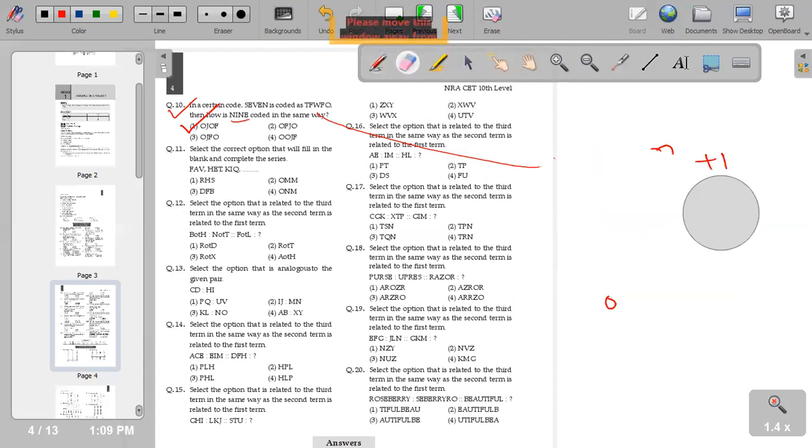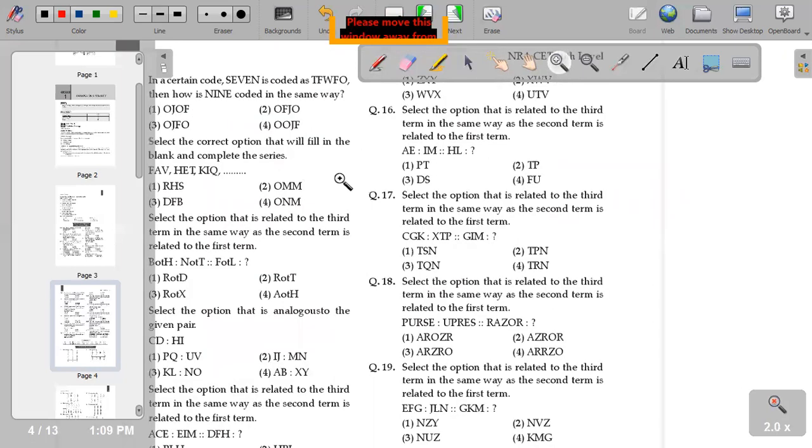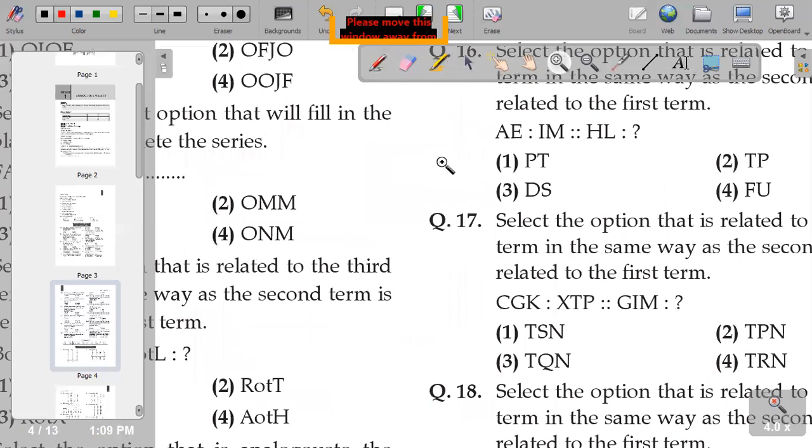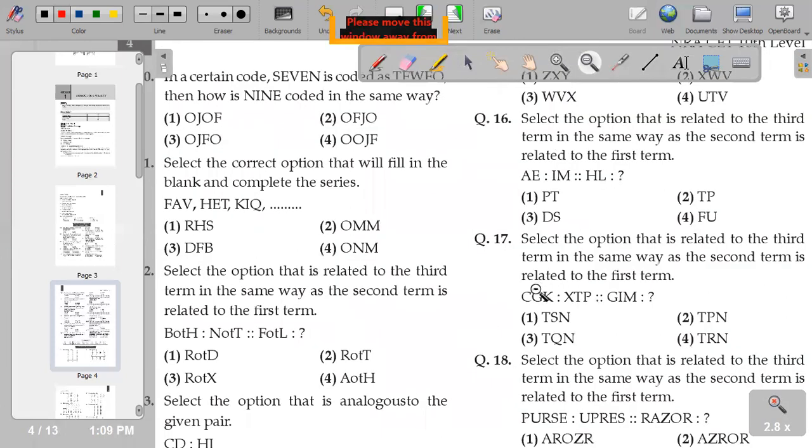It will be better. Next question, we will do question number 11. What is question number 11? In a similar way, we will do all the questions.